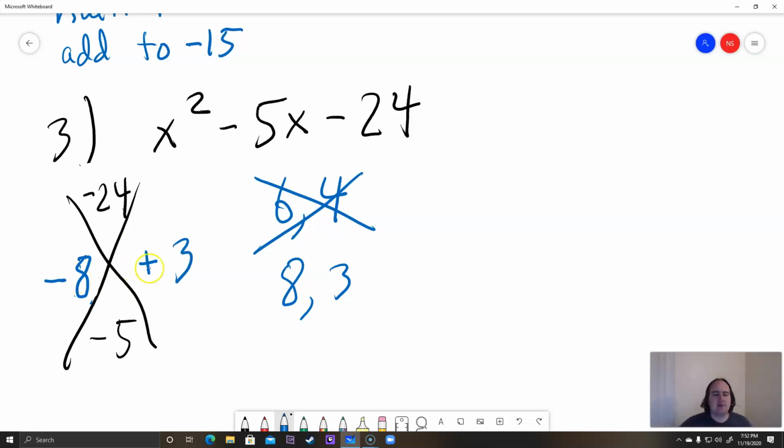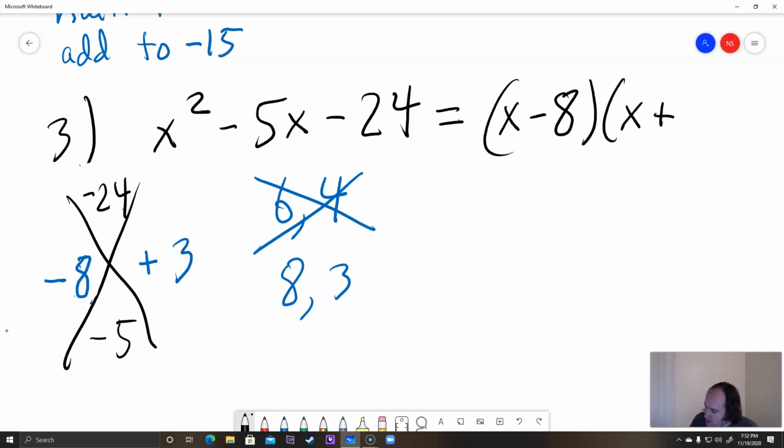Because negative 8 plus 3 gives you negative 5. So that works out. So that means this whole thing factors as x minus 8 times x plus 3.